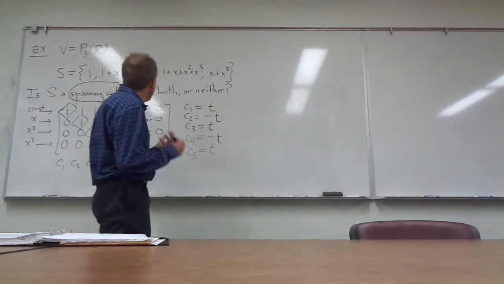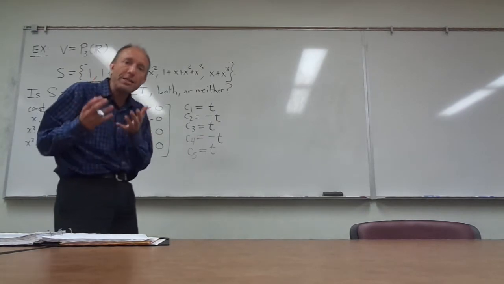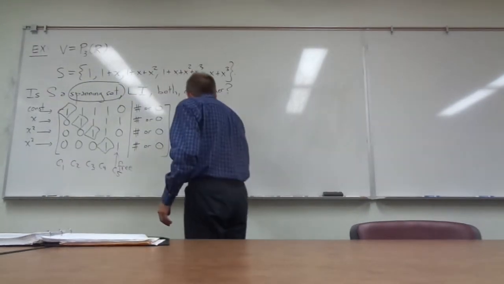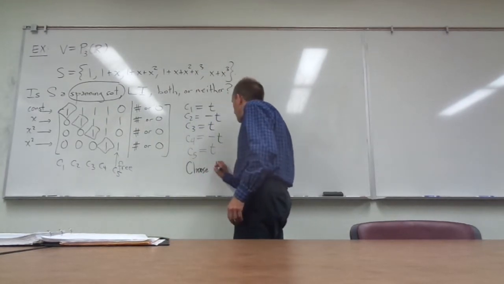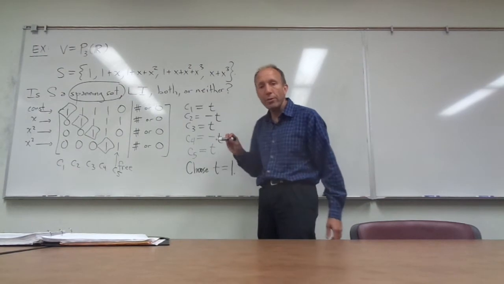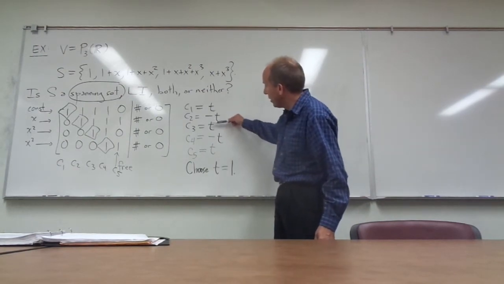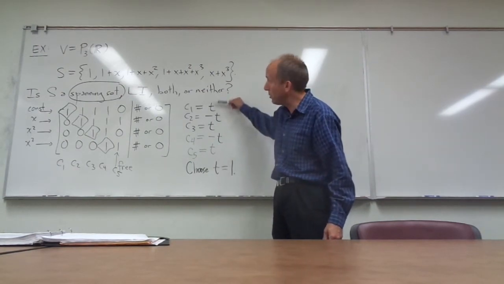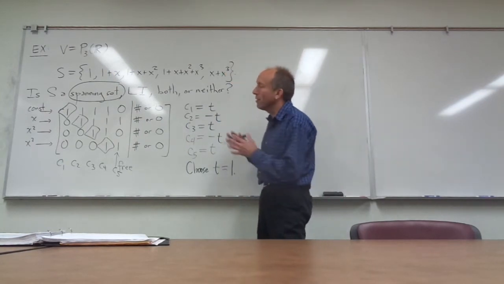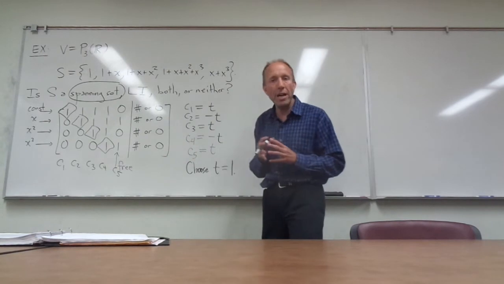Now, I can choose any number I want for T. But when I'm trying to exhibit a linear dependency, I'm going to want to choose a T value other than 0. I'm going to choose 1. You want a T value other than 0, because if T is 0, all of your constants would be 0, and you're not going to create an equation that gives you a linear relationship among the vectors, right?